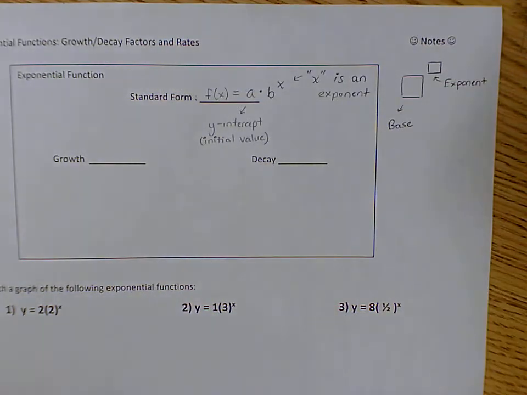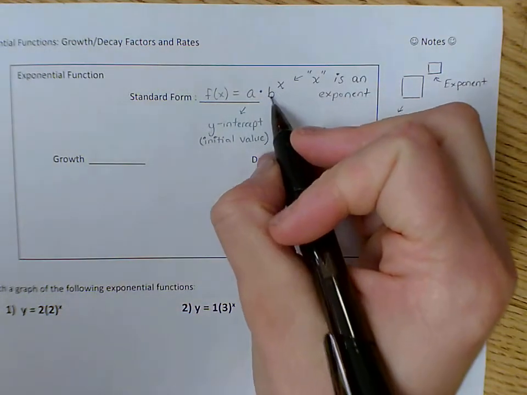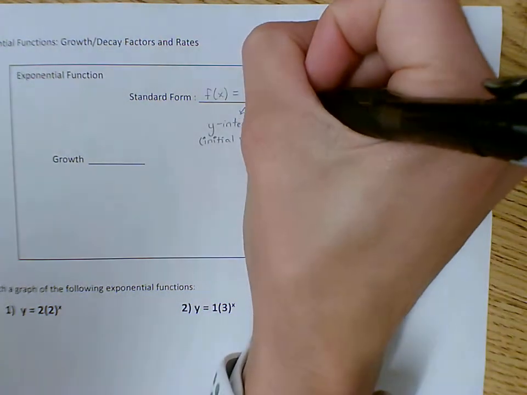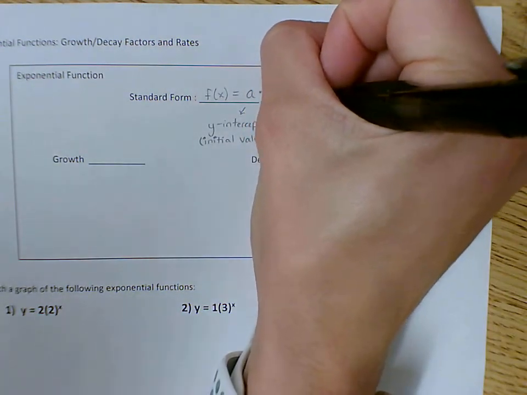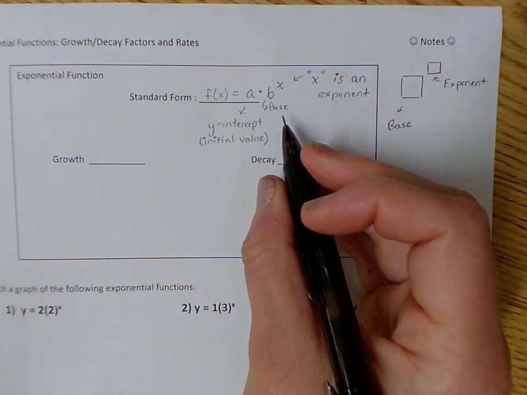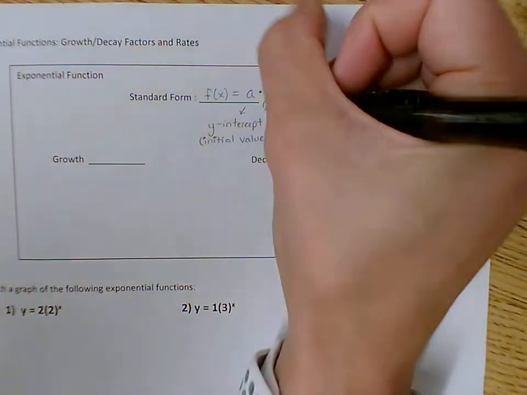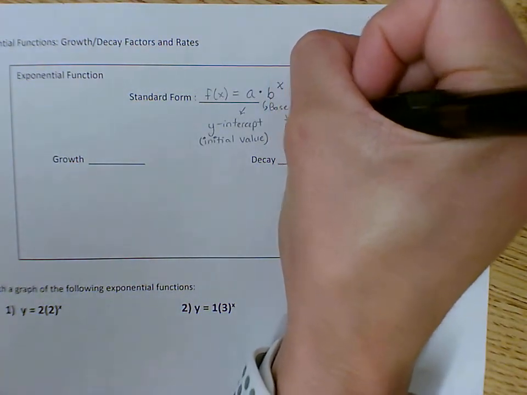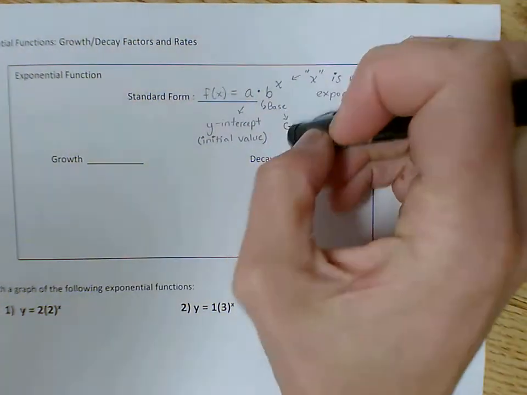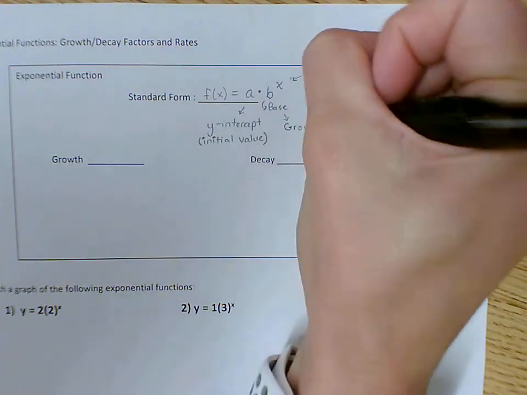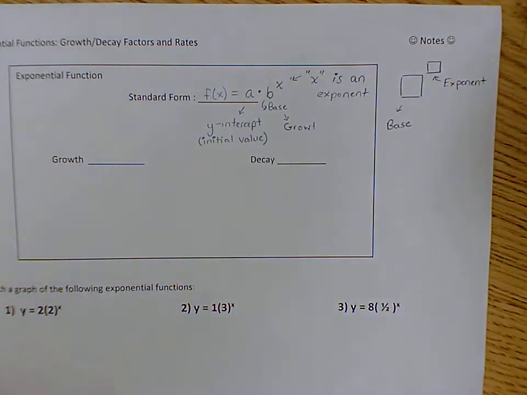Okay, and so the number that is your base, the number that's with the exponent, so I'll just write that down, your base, that's what the b is, that is actually going to be what's called your growth or your decay factor. So your growth or decay factor, and it's going to depend on whether it's growing or decaying.